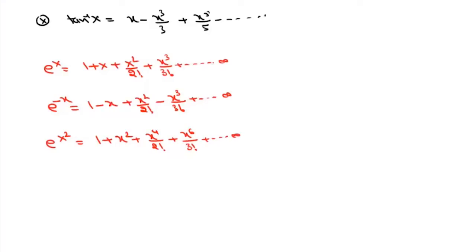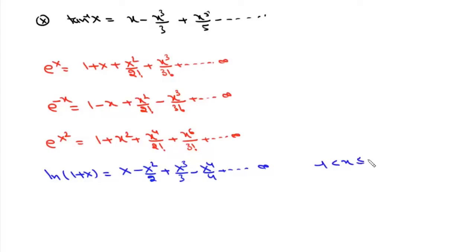So using these formulas, we can work out other series expansions also. If we take another example, we know that the expansion of log 1 plus x is x minus x square upon 2 plus x cube upon 3 minus x to the power 4 upon 4 up to infinite, when x lies between minus 1 and 1.